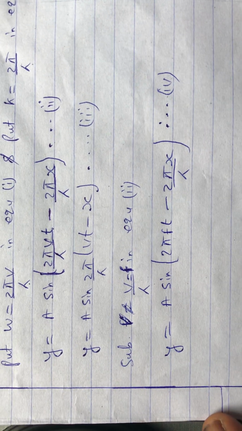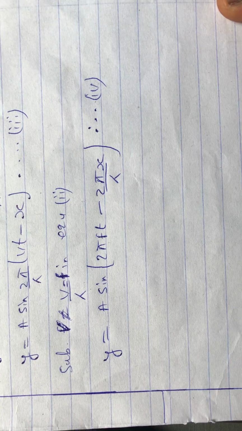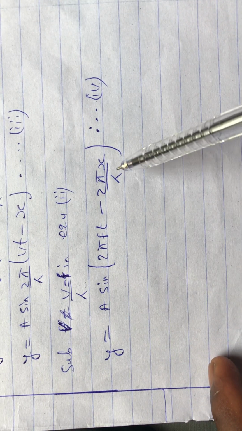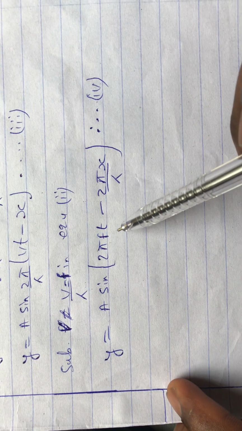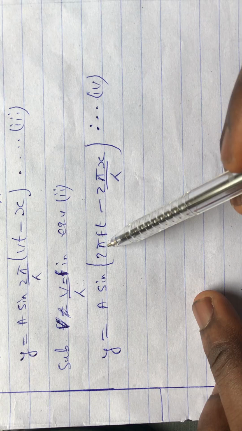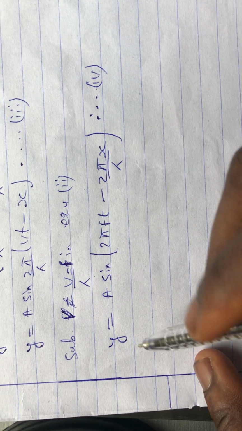We are still on wave equations. Now let's derive the fifth one. In this wave equation, you realize there is something common in the brackets. We have 2 pi and 2 pi here. We simply factorize it out.